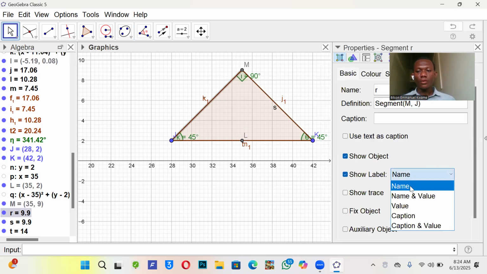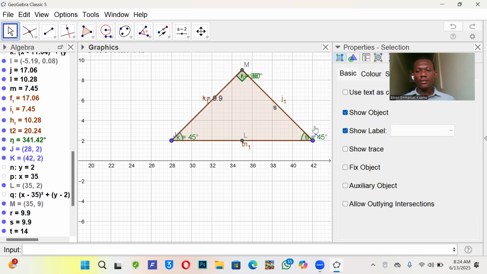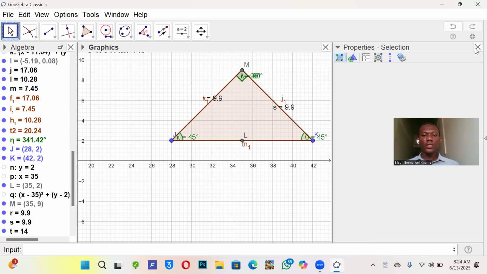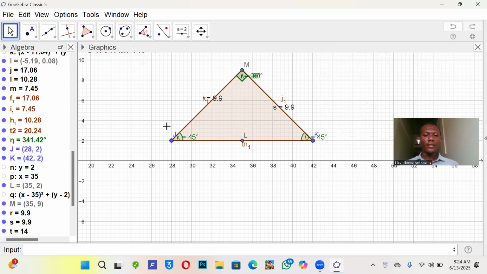So label, name and value, 9.9. Then you come to this side, label, name and value, 9.9. So clearly you can see that we've been able to draw our isosceles triangle. This is one way of drawing the isosceles triangle.